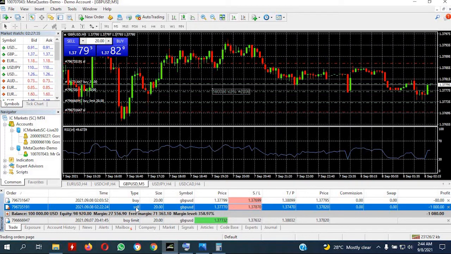Even though it is a sell trade, I bought it at this currency 1.37770 to sell it back at a cheaper price when the price dropped lower, right? So anything above this price is going to be a loss, right? So on this trade, I'm seeing a minus $960 worth of loss because it's trading above the current price, right?